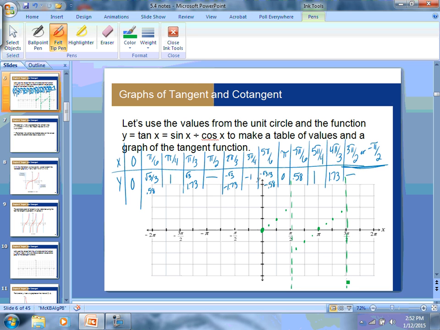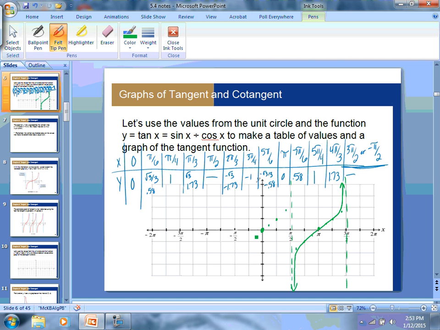Okay. Now, if I connect these points, I don't really connect them in a straight line. I know it looks like it's kind of diagonal, but what's actually going on here is that we get this curve that goes like that. That's what the tangent function actually looks like. And I could extend, I have parts of another curve here.